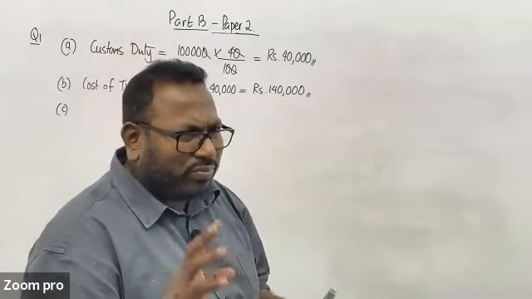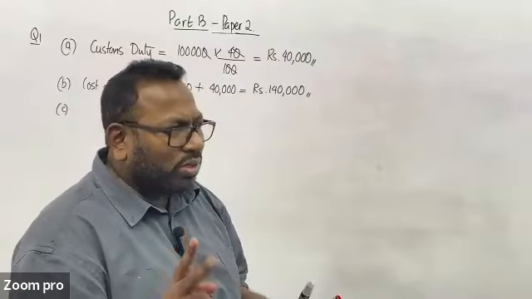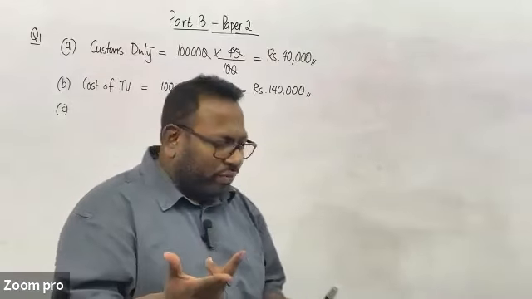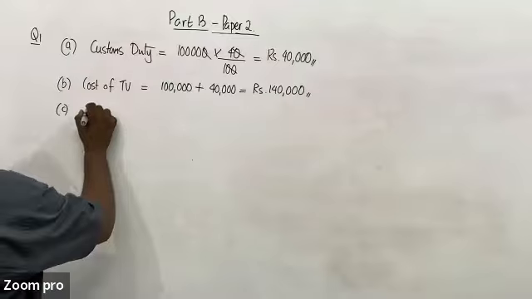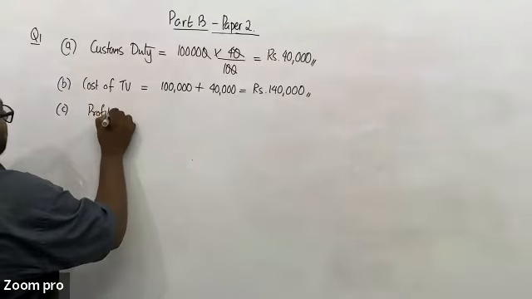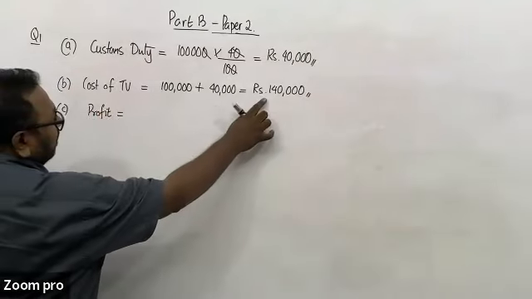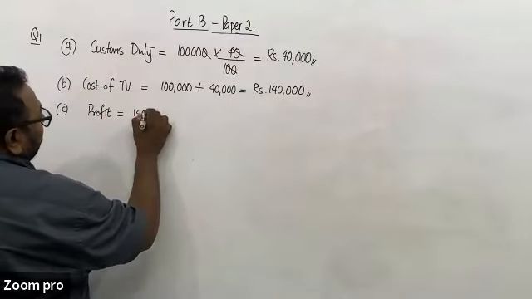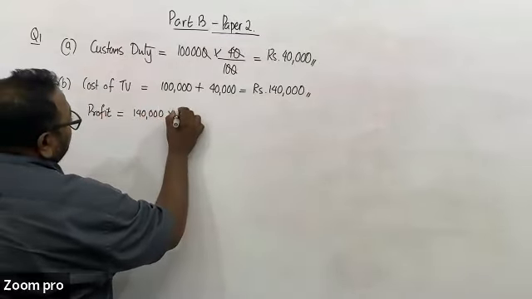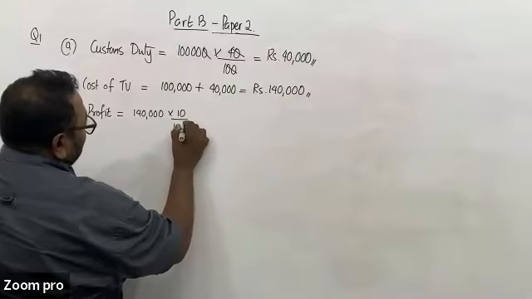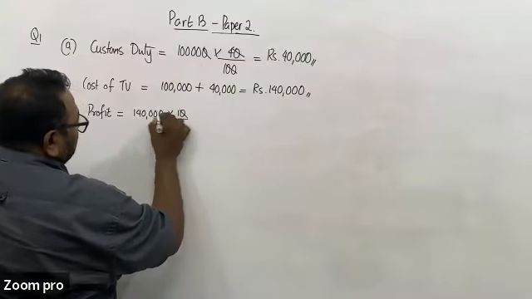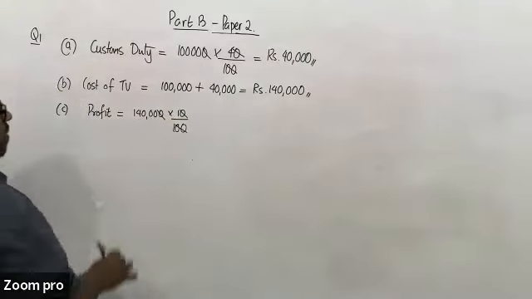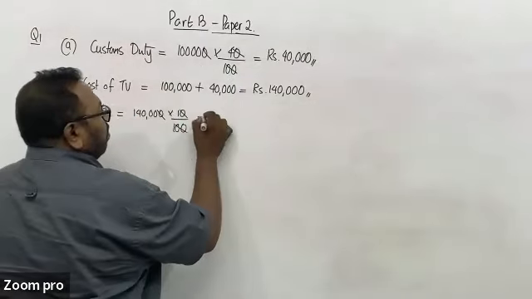First we'll do it in two ways. I'll show you both. First we'll calculate your profit part. What is your profit here? Profit is 10% of this. So 140,000 into 10 over 100. Two zeros cancel. So you have 14,000 as your profit.